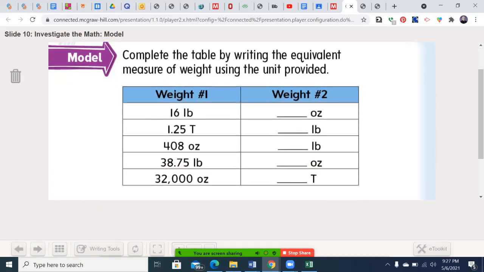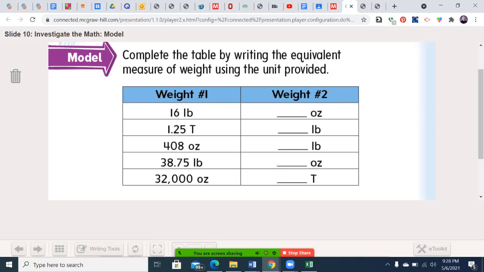Complete the table by writing the equivalent measure. 16 pounds: to solve this, I'd have to multiply 16 times 16. This one I'd multiply 1.25 times 2,000. 408 divided by 16. 38.75 would be times 16.